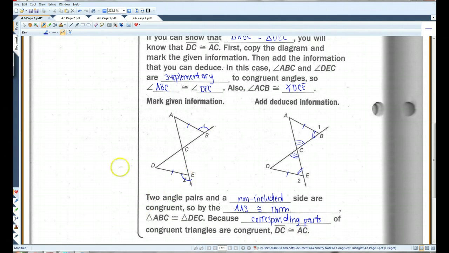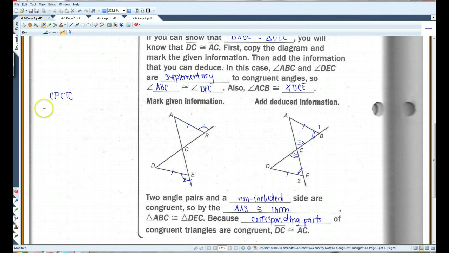Okay, now, in this case, we did a paragraph proof, so you can just write it out like this. In a two-column proof, rather than writing because corresponding parts of congruent triangles are congruent, you could just write this: CPCTC.